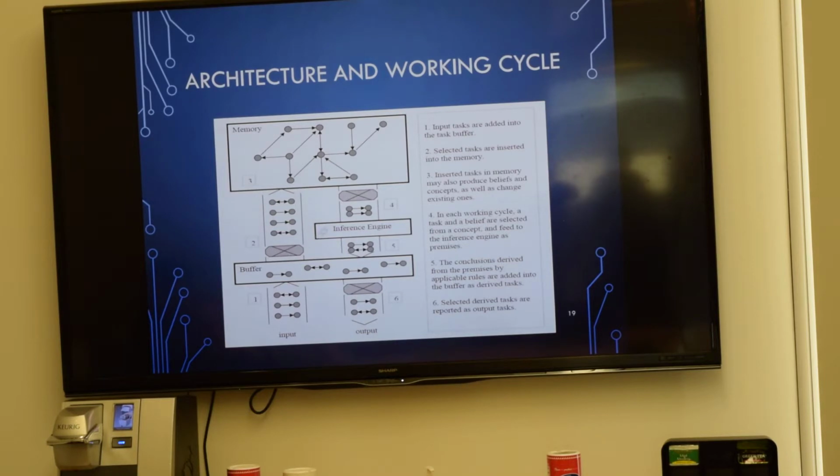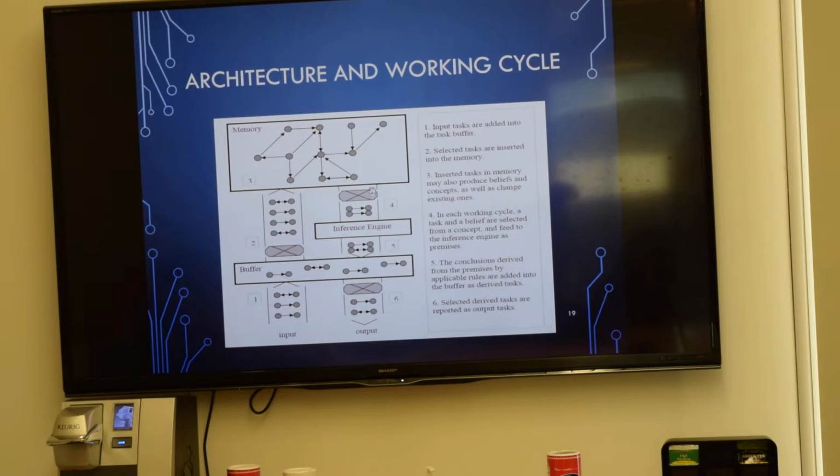You see, this kind of box means a selection point, or a filter. Only some of them will go into the memory because, again, resource limits computation. You don't have the time to think about everything. So some of them will get integrated into the memory, and in each cycle, you select from the memory according to the method.